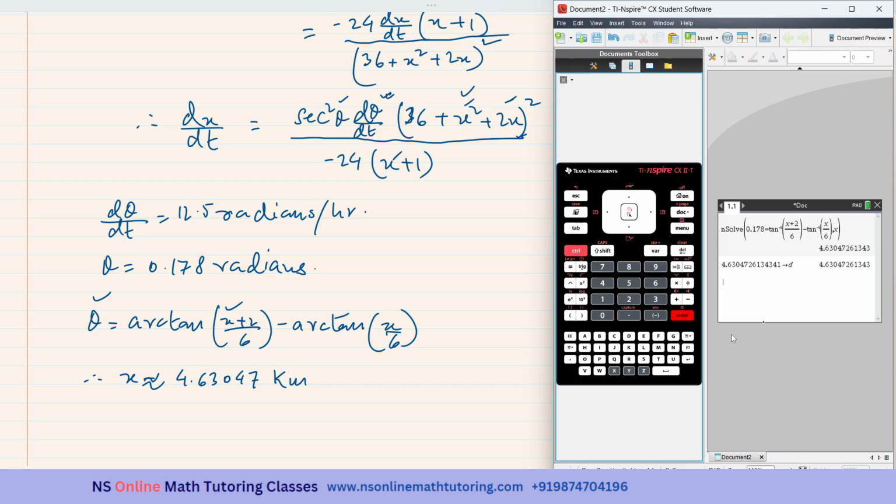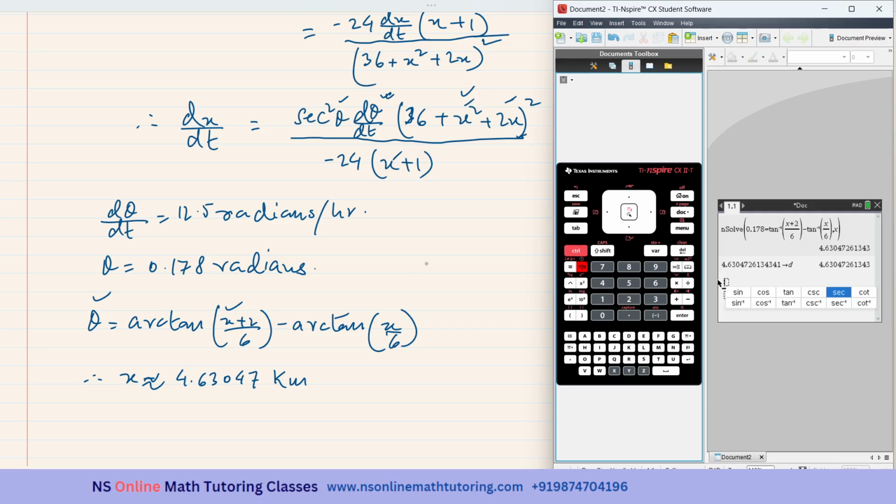Okay. And now I will be finding the value of this part. First is sec square theta. Now, in TI Inspire CX2, you have the sec theta option over here. You can see this is the sec inverse, all these.